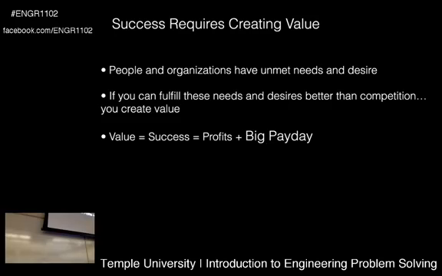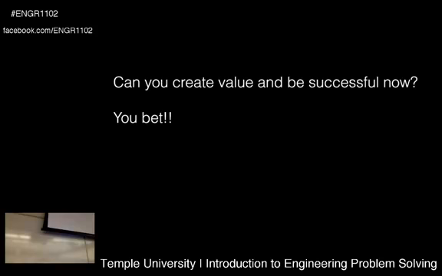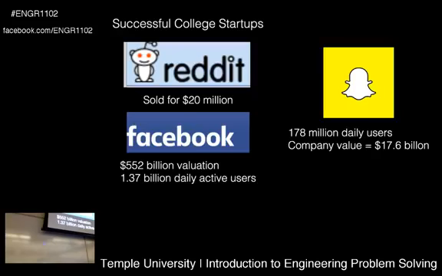And you may be saying, oh, that's all great to talk about, but what can we do? You know, we're here at Temple, we're in an old building, and it's early in the morning. But there have been some giant successes by college students. Reddit was started by a college student. His first idea was rejected.